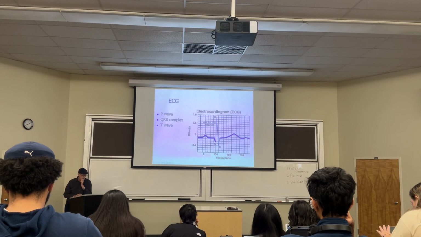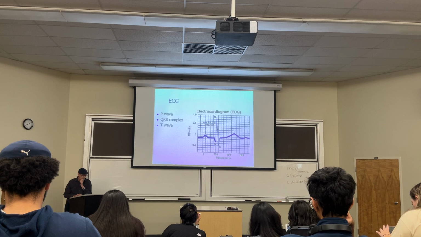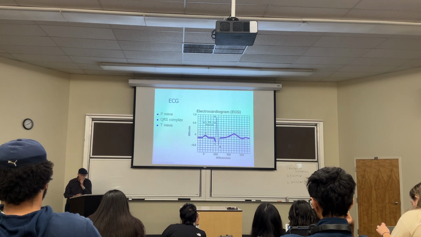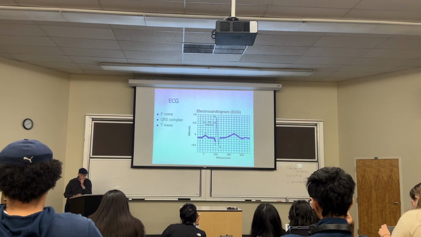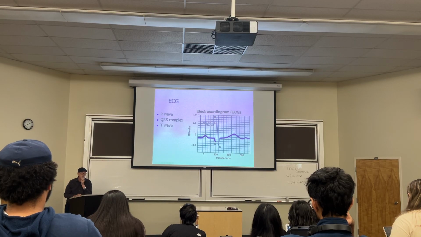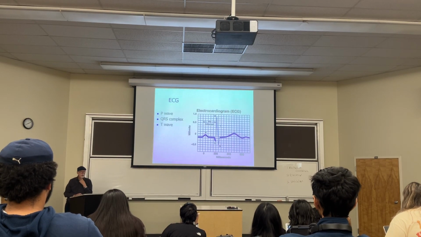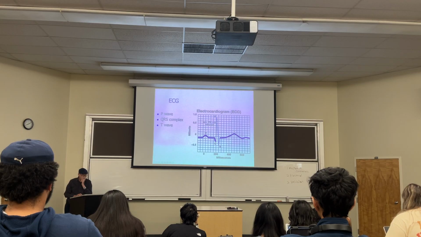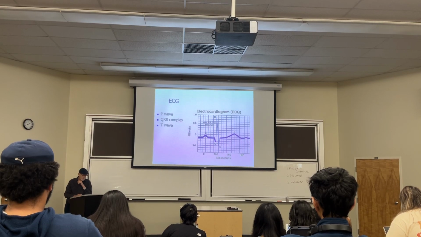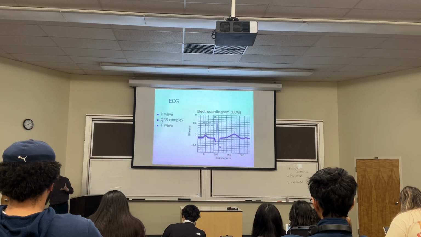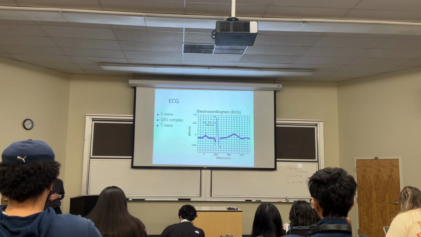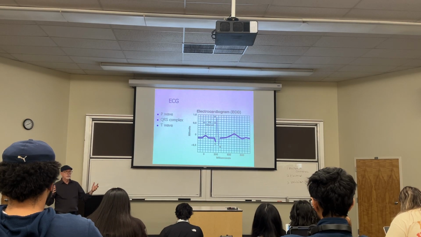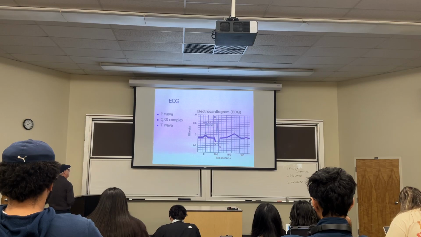The PR interval is the time from when the atria start to depolarize until the ventricle starts to depolarize. We'll see if that's lengthened. If you watched the turtle heart, you already saw and talked about that somewhat. If that is lengthened, longer than it should be, that's a first degree heart block. That's the definition of it.